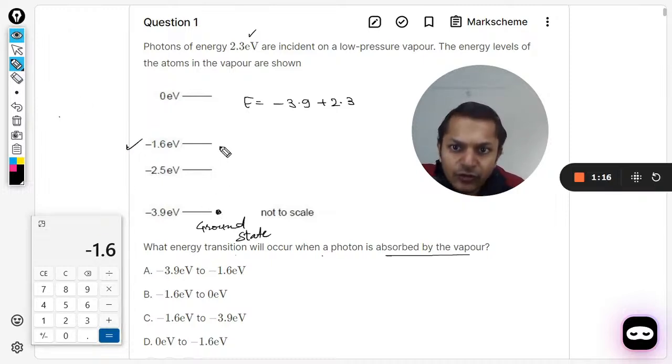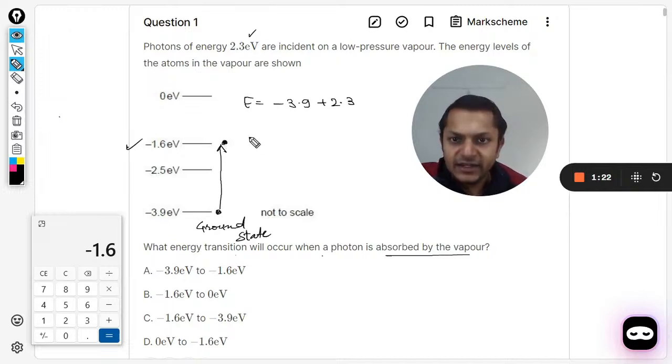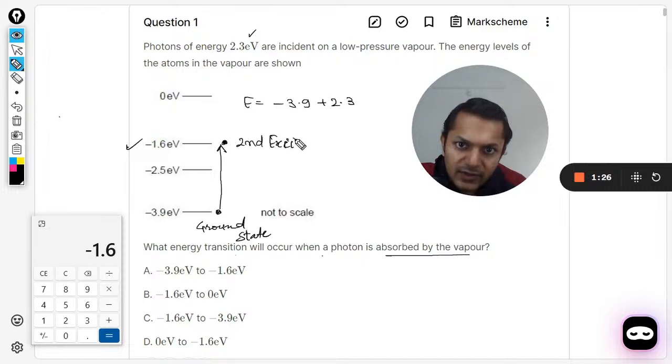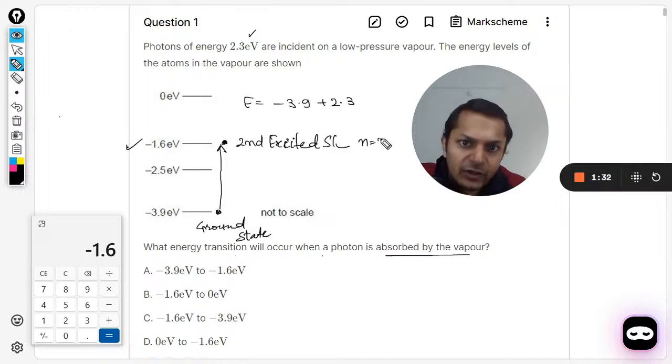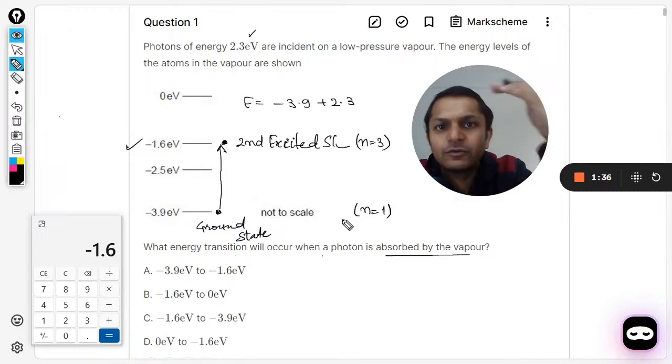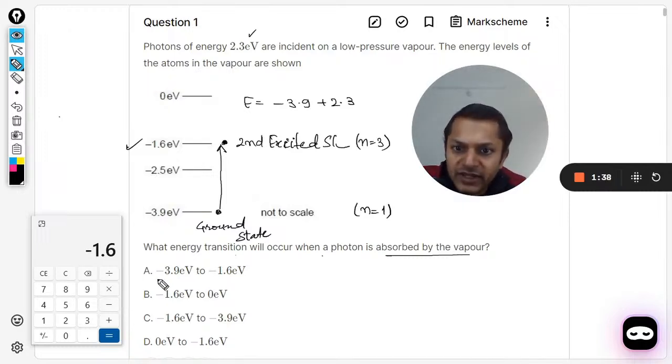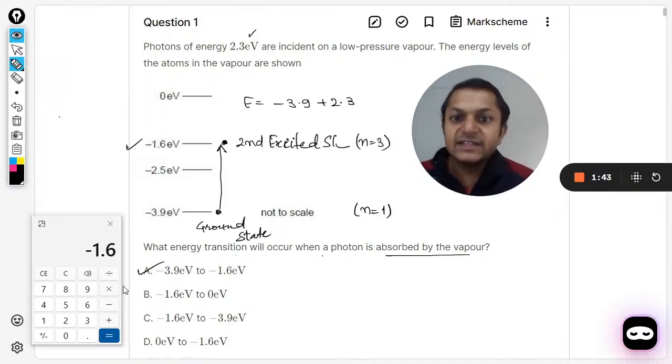So this electron will jump into this shell, which we can call the second excited state, or you can say it is moving from n is equal to 1 to n is equal to 3. So from the answers we can say negative 3.9 to this. So clearly A will be the correct answer, and this is how we do it.